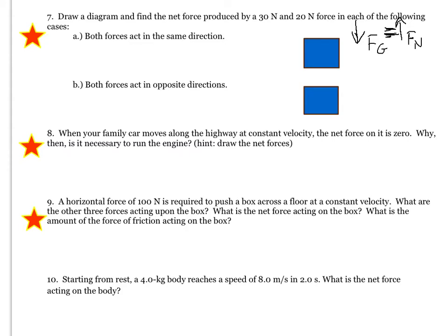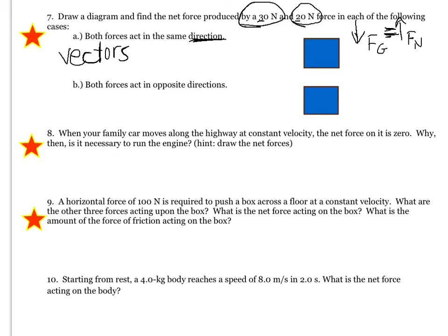But in this question, it talks about two different forces, a 30 newton force and a 20 newton force. Forces have magnitude, that's the 30 and the 20, but they also have direction. As we said before, they are vectors, and that just means they have direction.